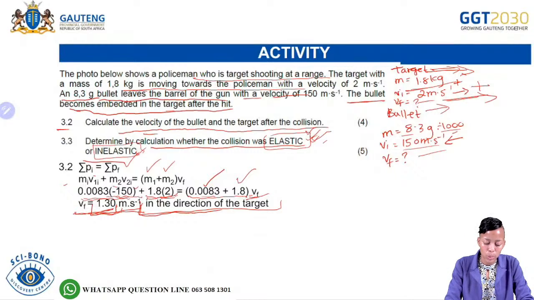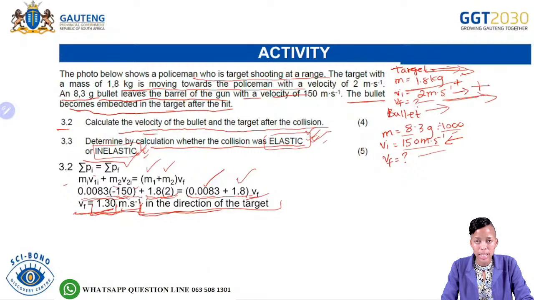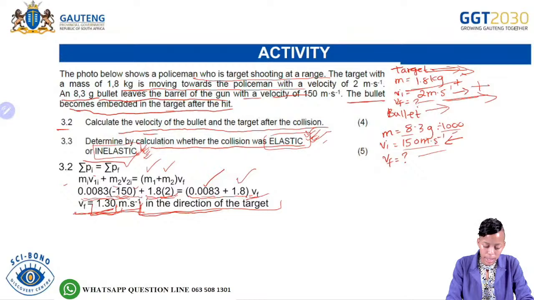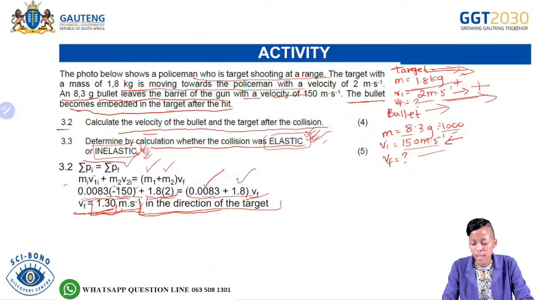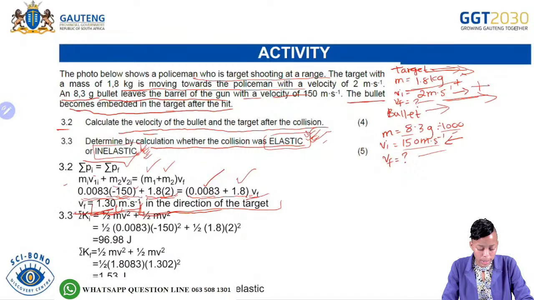But for an inelastic collision, the sum of the kinetic energy before the collision is not equal to the sum of the kinetic energy after the collision. Once you understand the meaning of these two words, you are able to answer the question there.